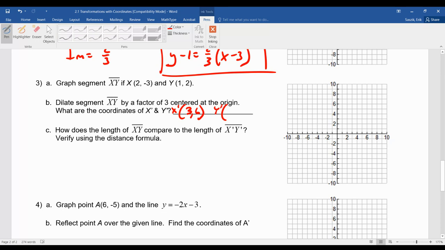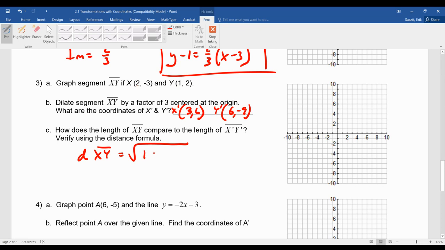You get a y prime of (6, -9). Okay. And then it says, verify using distance formula. How do the lengths compare? Well, let's do the distance of x, y, the original. How far apart are 2 and 1 on the number line?